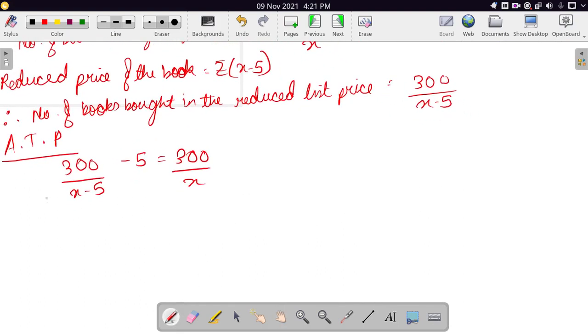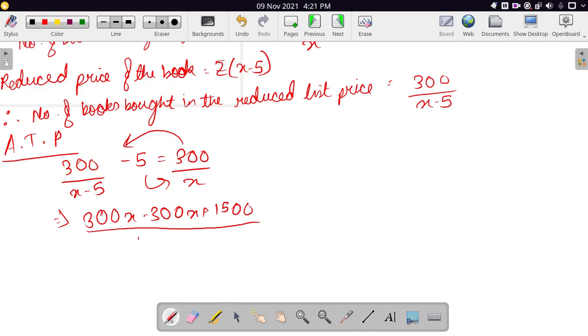Okay, now let us just take it over here. So it comes out to be 300x minus 300x plus 1500 over x into x minus 5 is equal to 5.